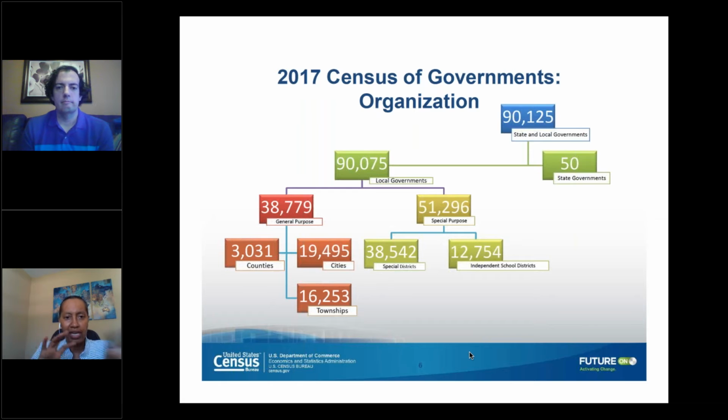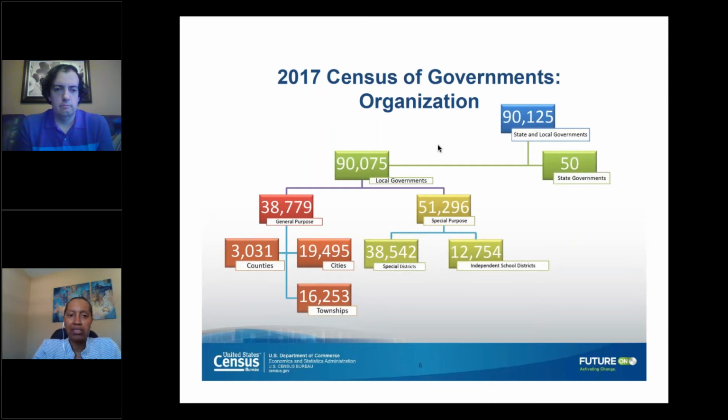I'm going to show you another slide that shows a lot of fluctuation. We are, I think, at a point now where we don't have a lot of births and deaths of governments. As of 2017, there were about 90,000 state and local governments. And if you can see here, this chart breaks out all of the types of governments.